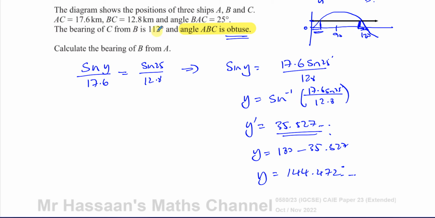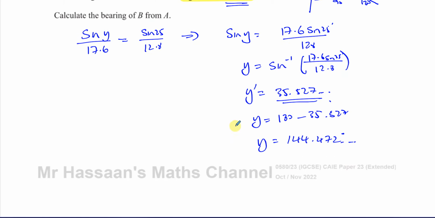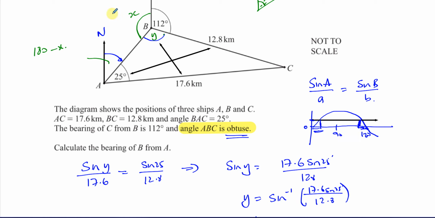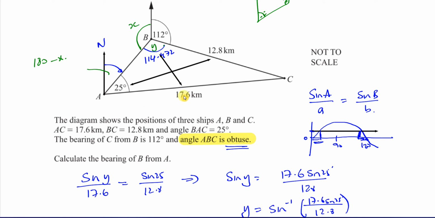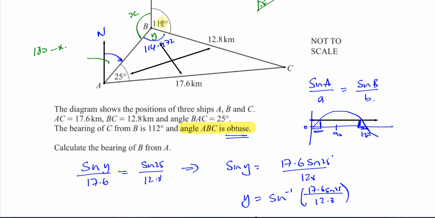And then it says, calculate the... so now we've got this angle here, 144.472. Sorry, that's this angle here. The angle we need, x, is going to be 360 minus the sum of these two.